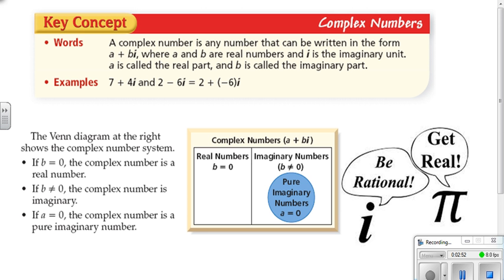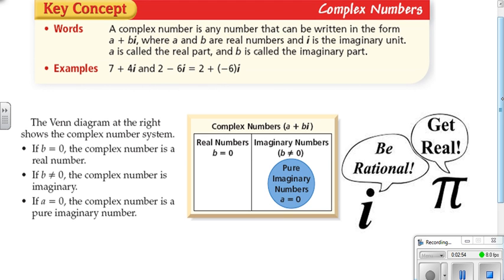Moving on, here's where we're finally talking about what a quote-unquote complex number is. A complex number is any number that can be written in the form a plus bi, where a is a real number, and technically so is b, but i is that imaginary unit. So a is called the real part, and b is called the imaginary part.